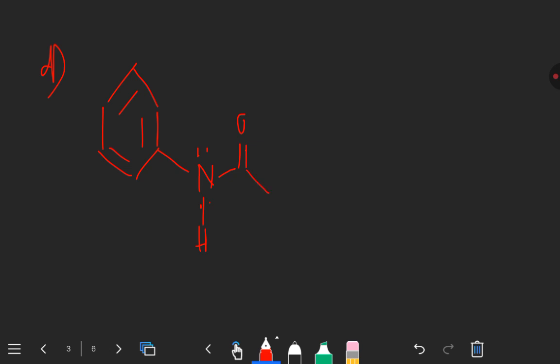So our main focus, again, our interest is that nitrogen, which is directly bonded to this benzene ring, and because this nitrogen has a lone pair of electrons there, it is able to donate these lone pairs of electrons to the ring, hence activating the ring. So you can call this as ortho para director. So it is ortho para director because it is able to activate the benzene ring.